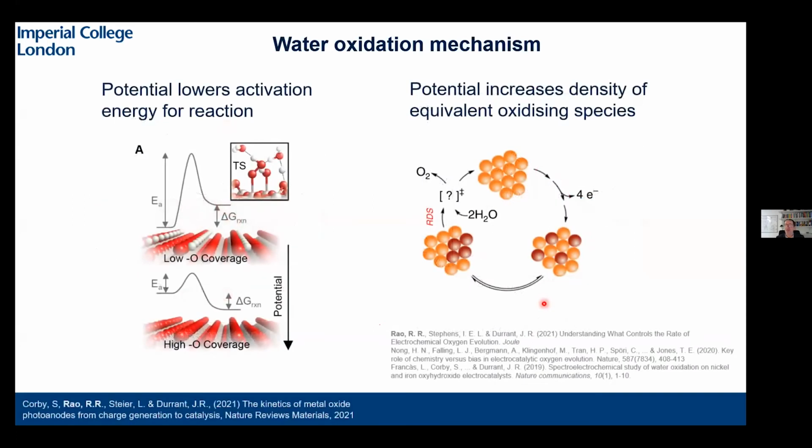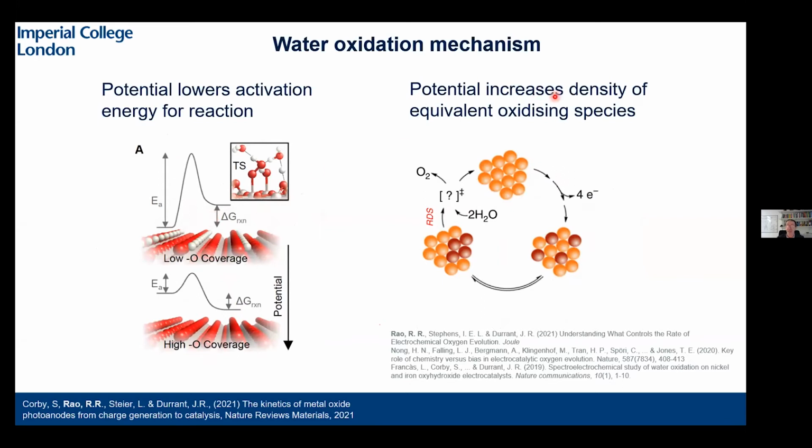Another way to think about what determines the catalysis is to think about activation energies. The idea is that as you apply a higher potential or you have a higher coverage of oxidizing species, then the activation energy comes down in some way. And we'll talk about that a bit more later on.